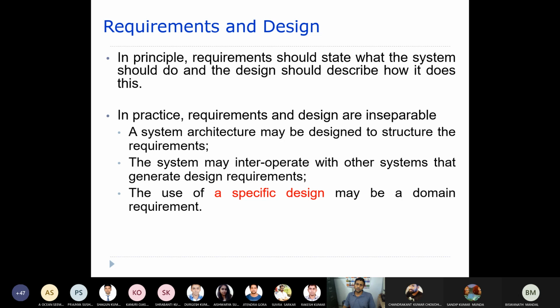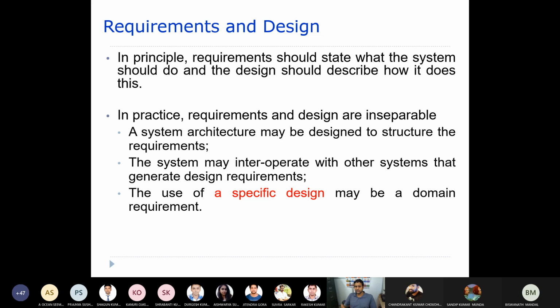Whenever you are talking about the requirement part, it should be the what. What and how, you need to understand, right? Now, in practice, we see these things. A system architecture may be designed to structure the requirements. So there may be a designer who is going to structure out all the requirements, in what way we need to fulfill them.